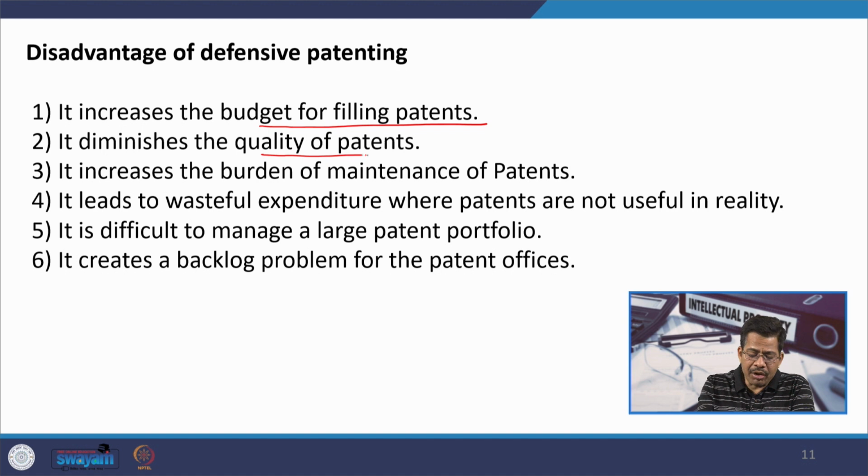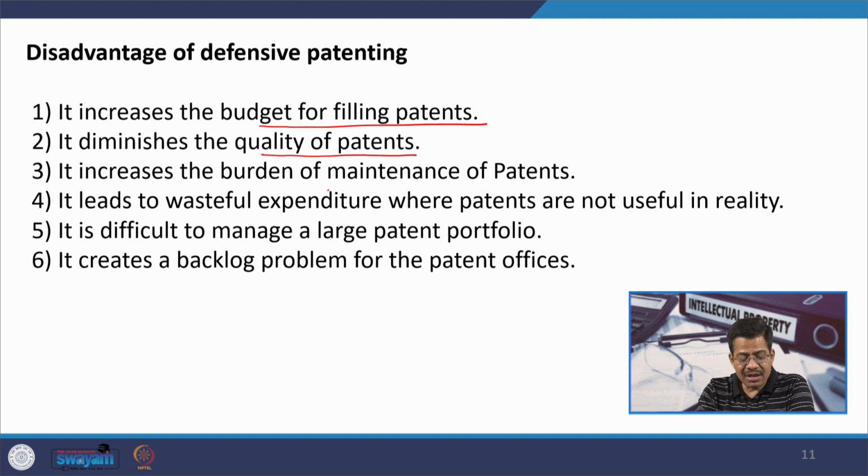Sometimes because of this size issue, because you want more and more IP, the quality is compromised. We are more interested in filing whatever is coming. Okay, create your bigger and bigger basket. So, quality becomes a secondary factor. I think we should easily improve the quality by more checks and balances.